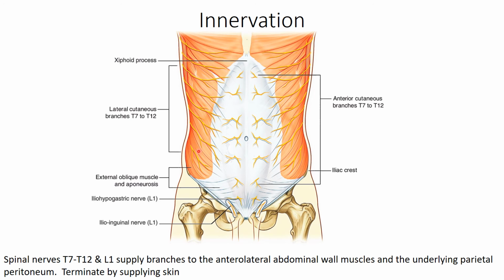So all of these muscles are supplied by the lower thoracic nerves. Additionally, the internal oblique and transversus abdominis are also supplied by branches from L1, which are the iliohypogastric and ilioinguinal nerves.